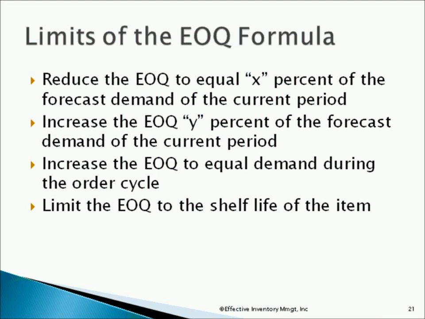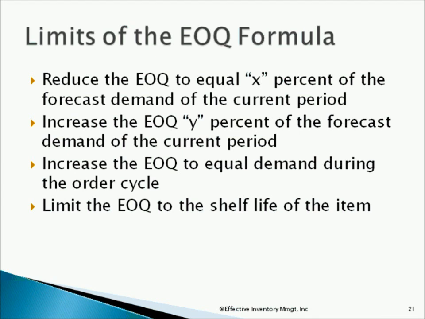The EOQ equation will suggest, because of the high cost of replenishing inventory compared to the cost of carrying inventory, you should bring in a 4 or 5 year supply. Well, if you bring in more than a year's supply of any product, your risk of obsolescence is going to start increasing exponentially. This is why we never want to bring in more than, say, a 6 or 12-month supply of a product, regardless of what the EOQ equation says.